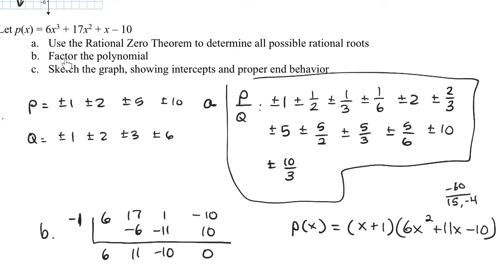If they're just asking you to factor the polynomial or to find the zeros and not sketch the graph, then maybe your zeros are imaginary and it doesn't matter because you're not graphing. Does that make sense? But because they're asking us to sketch the graph, it kind of implies that all of our zeros are going to be real numbers. But to answer your question, yes, you may want to prepare to have some that use the quadratic formula.